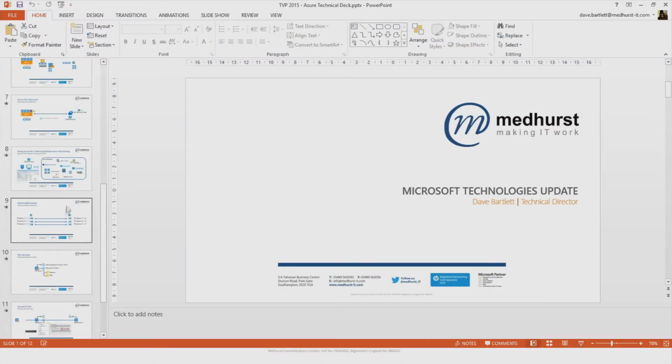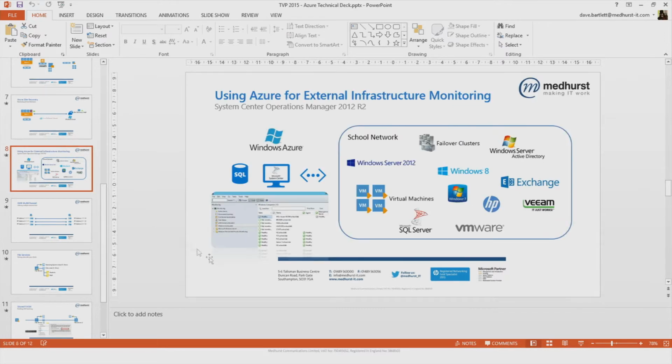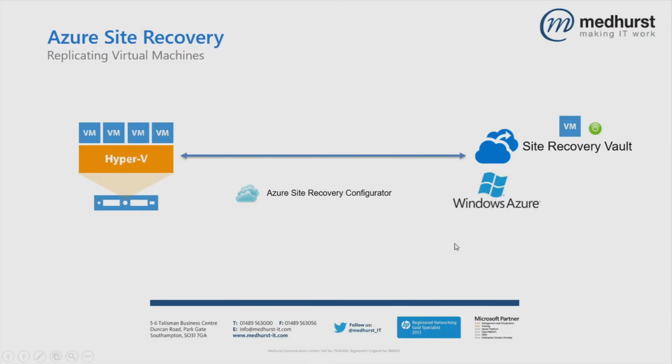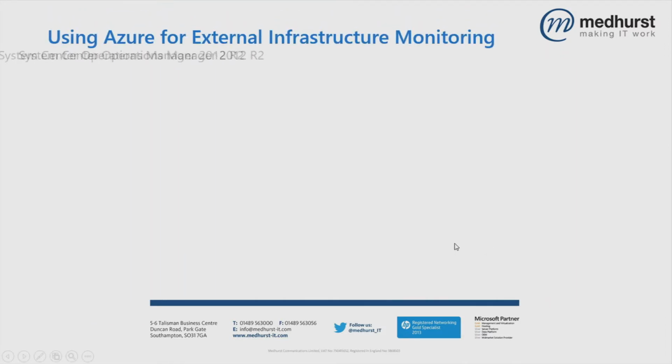We are now going to talk about Operations Manager, using Azure for external infrastructure monitoring. A lot of you guys have used Operations Manager before. It has been around for a very, very long time, and it's part of the System Center suite, and it's there to look after your servers, your switches, essentially anything with an IP address.